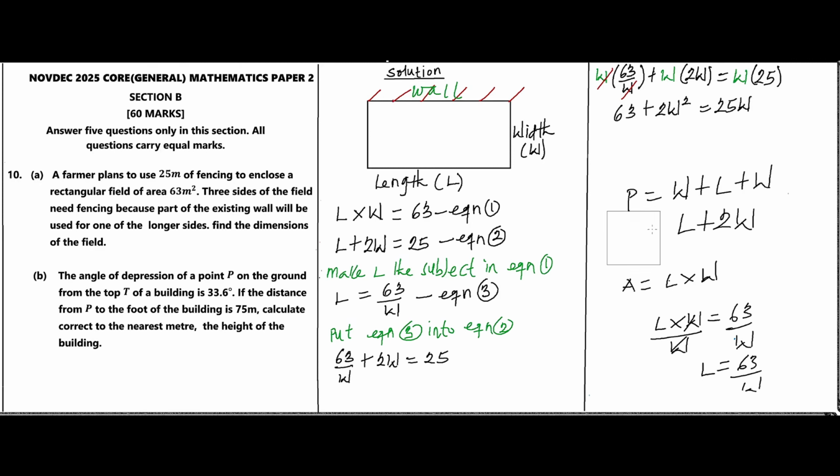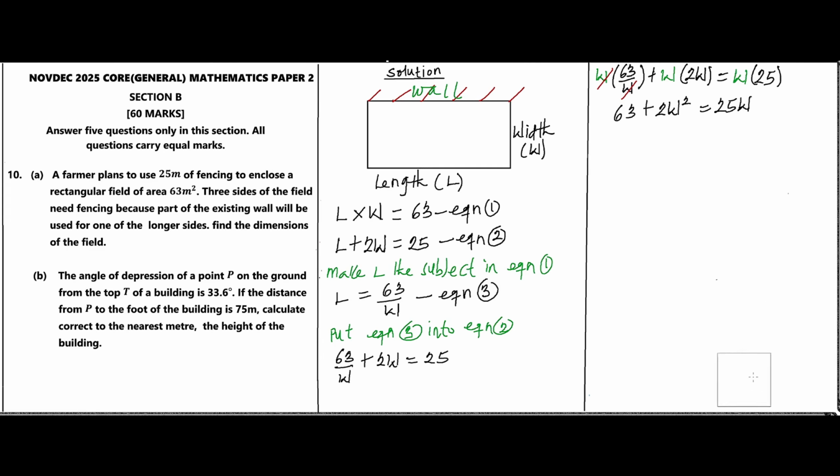So we see that we are getting a quadratic equation. Let's rearrange to get our quadratic equation: 2W squared minus 25W plus 63 is equal to 0. At this point, we can factorize. We know the coefficient of W squared is 2, and the constant is 63.